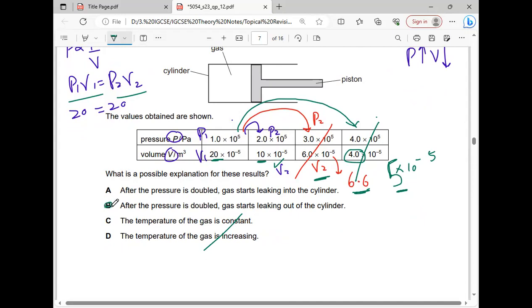Because after the pressure is doubled, gas starts leaking out of the cylinder. Due to this, the values are entirely different. Since it has to be 6.6, but it's 6, so value is lesser. It has to be 5, it is 4, so value is lesser. So it means gas is being leaked out from the cylinder. So option B is the correct answer.